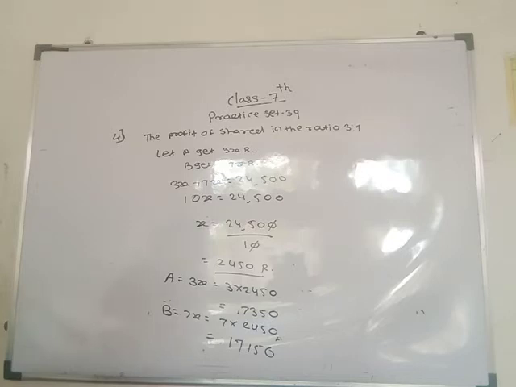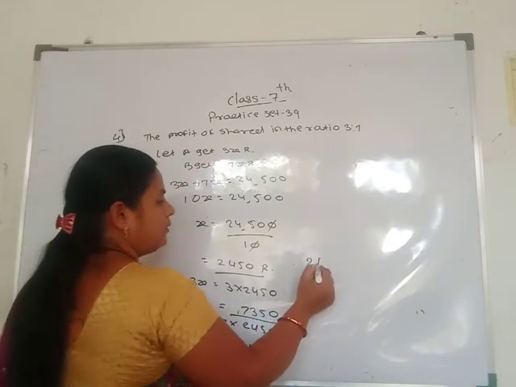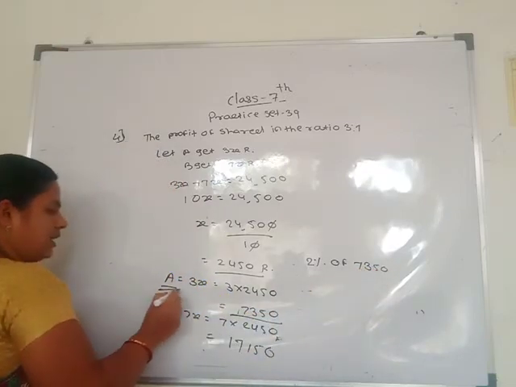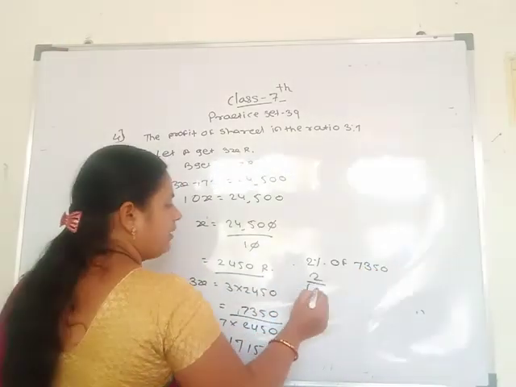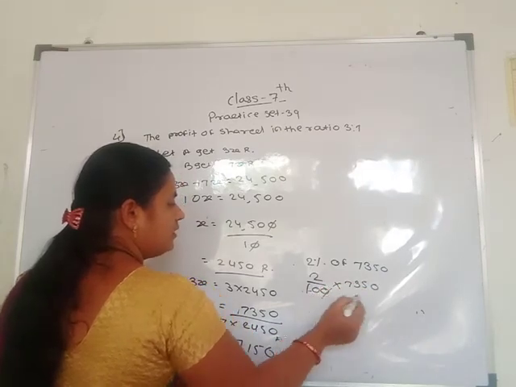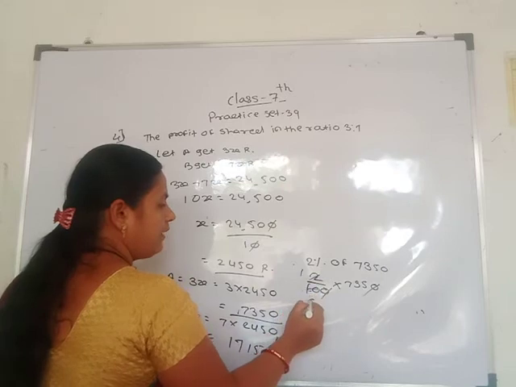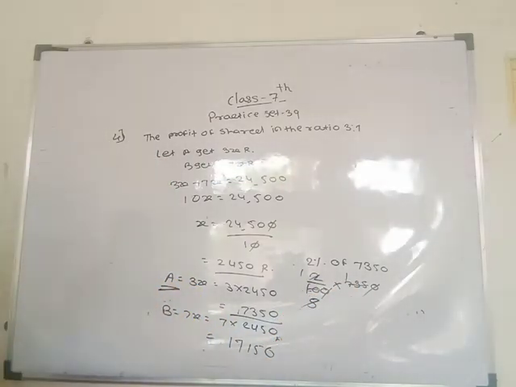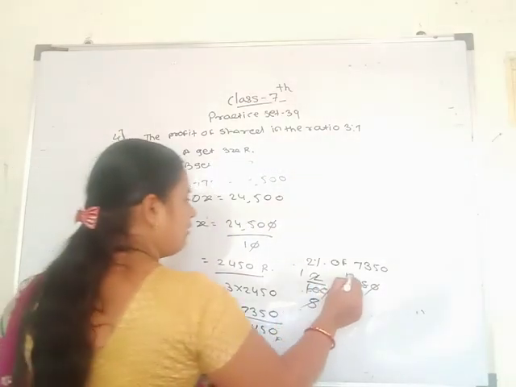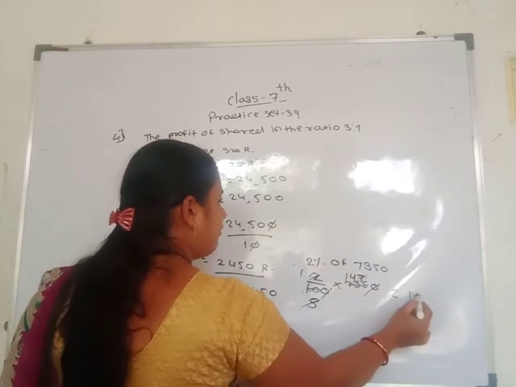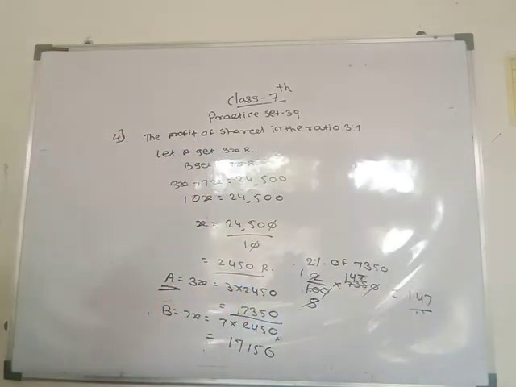First you write 2% of the number 7,350, that is A. Then 2 divided by 100 into 7,350. Cut the zeros, then 5 ones are 5, and so on, and the answer is 147 rupees.